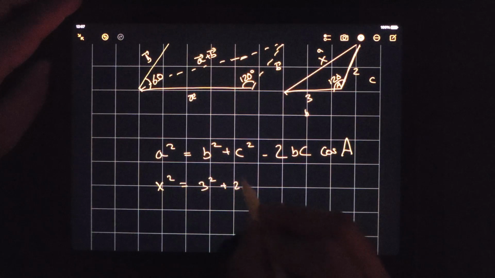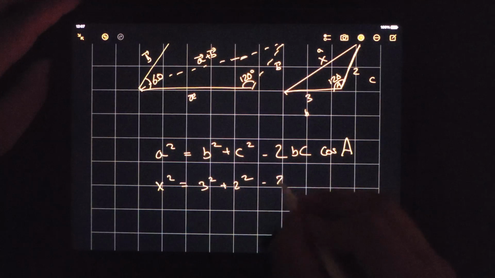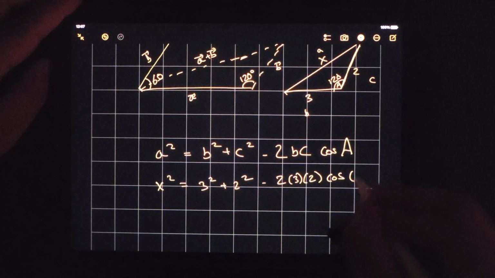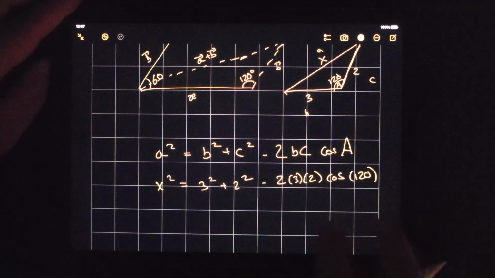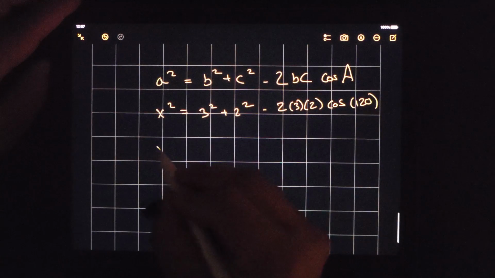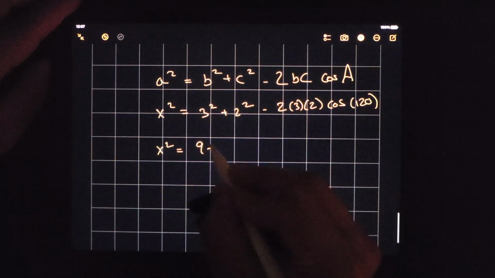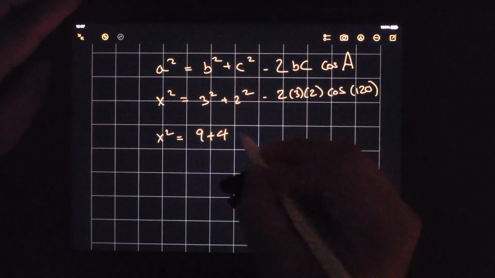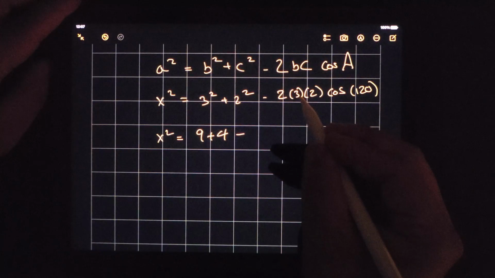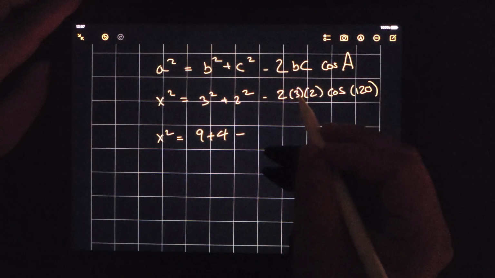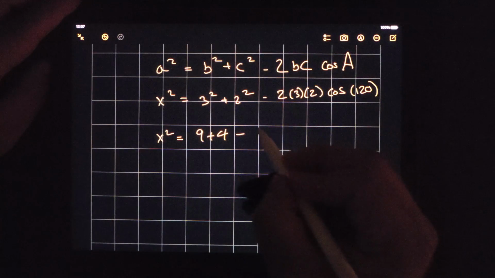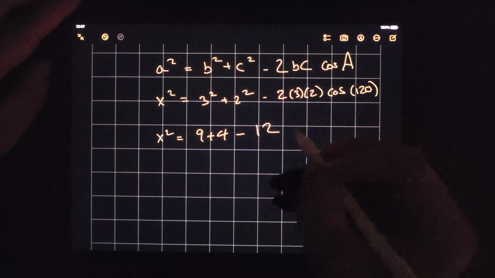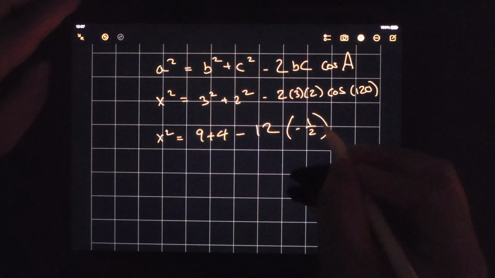x squared equals 3 squared plus 2 squared minus 2 times 3 times 2 times cos of 120. And remember, I'll do it step by step. 9 plus 4 minus 2 times 3 is 6, 6 times 2 is 12, times cos of 120, which is negative 1 over 2.